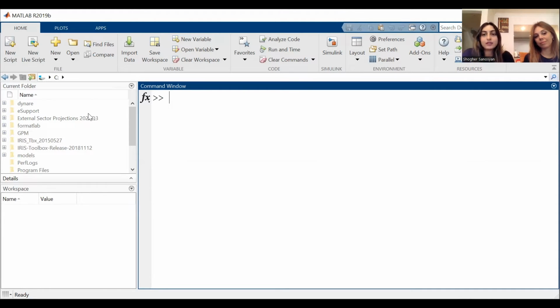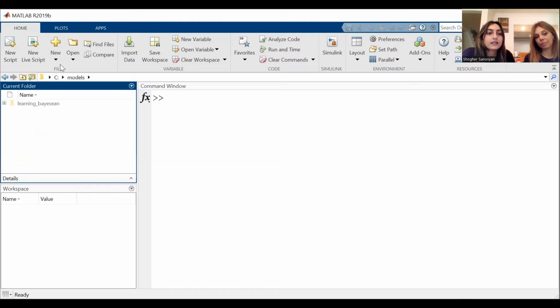As GFS students, we have model files in our C directory. I will click, and here we are, as we are working on this project. We have the project Learning Bayesian.